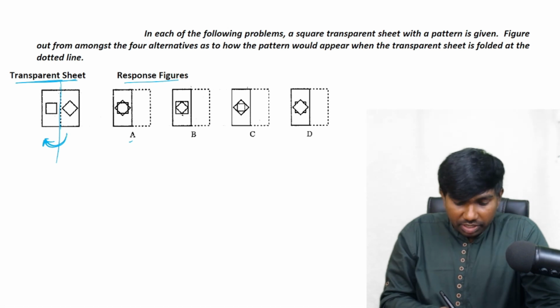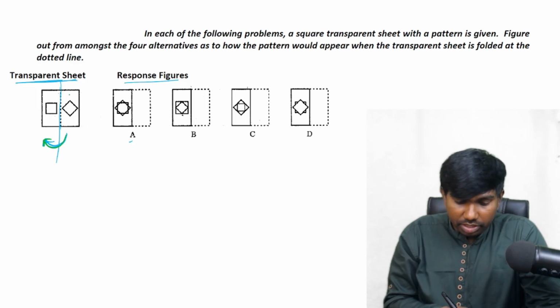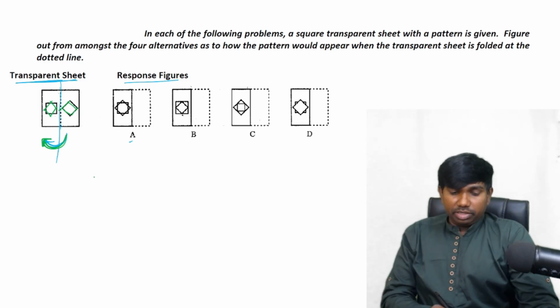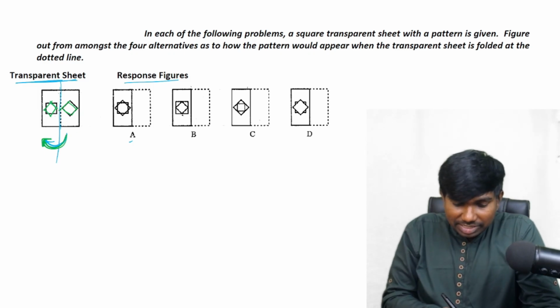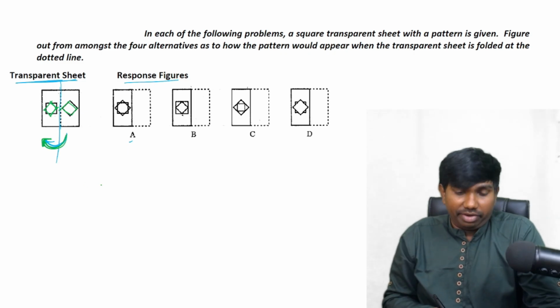So the right side part is folded to the left side. There is a normal square and a rotated square, and if you fold it this side, this rotated square will exactly overlap on this square. Now tell me, because it is a transparent sheet, there should not be any hidden part, right?